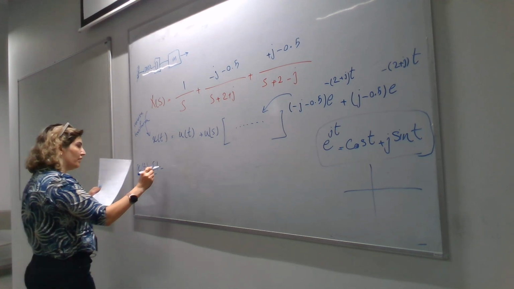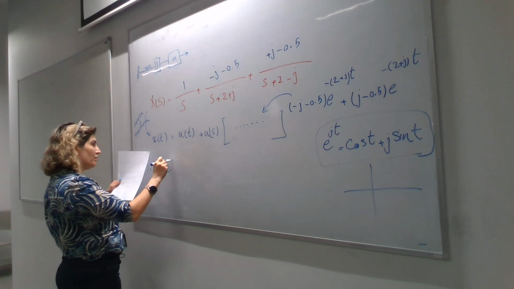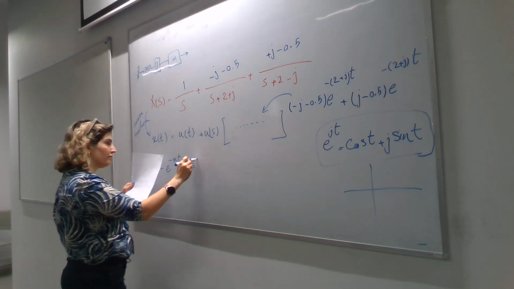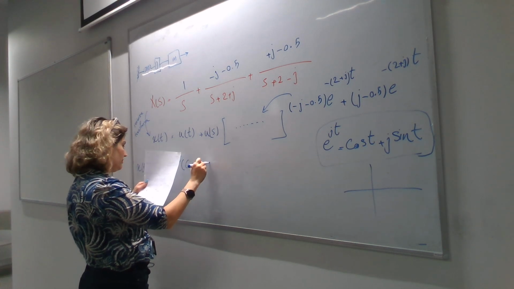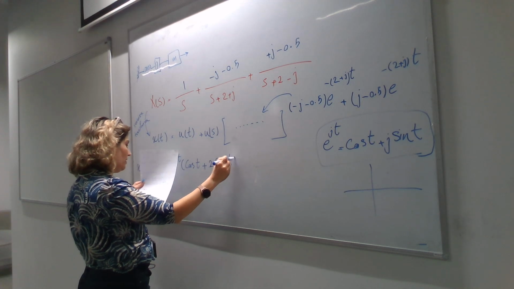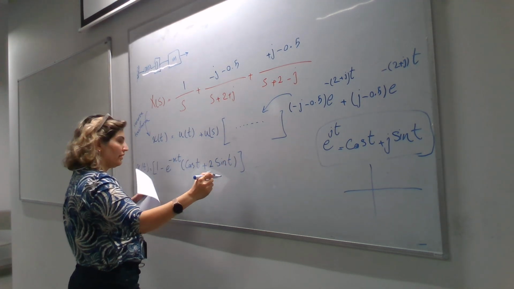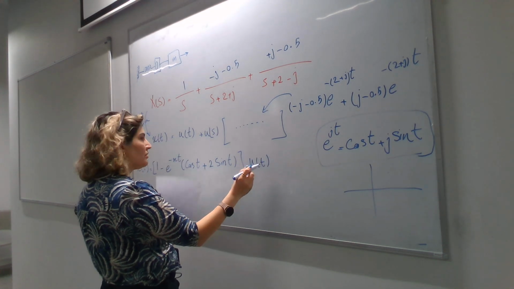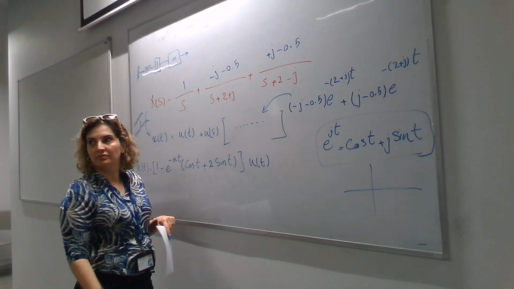So I will have 1 minus exponential of minus 2t times cosine of t plus 2 sine of t, multiplied by unity. So what is this unit?